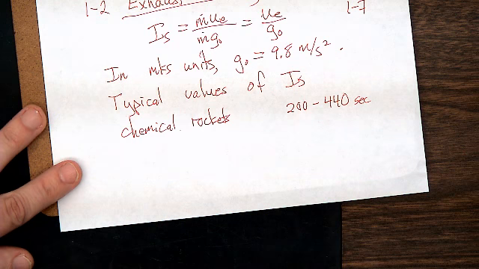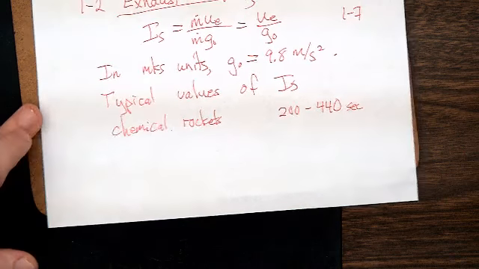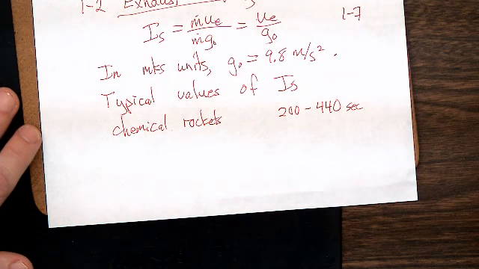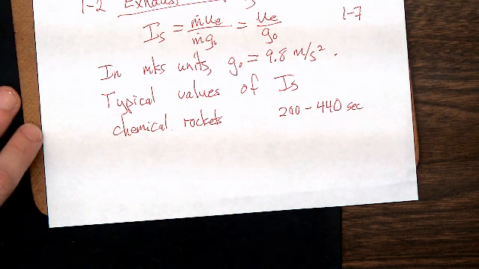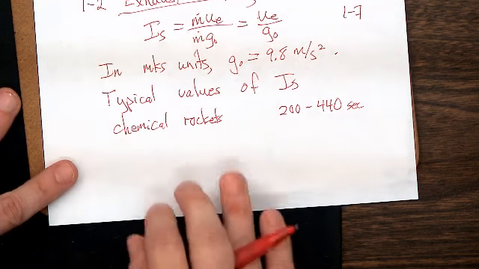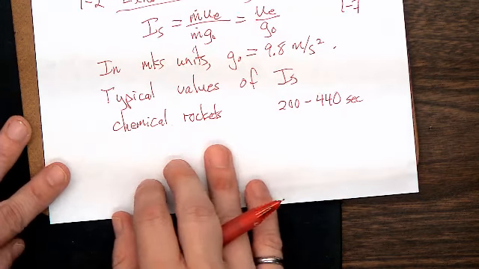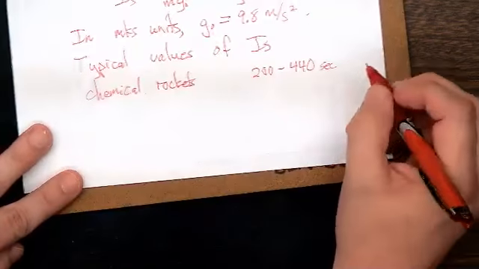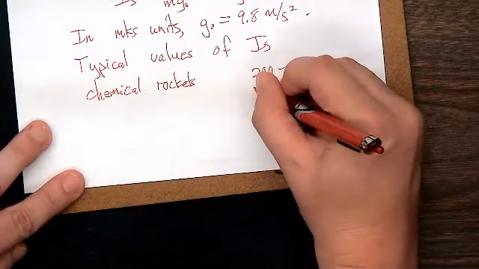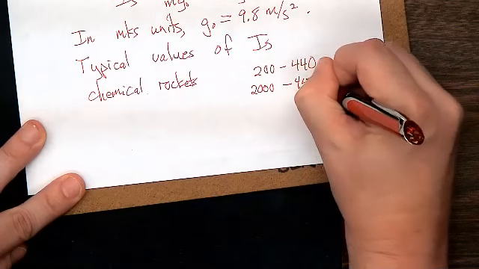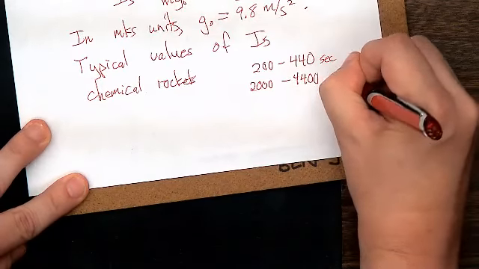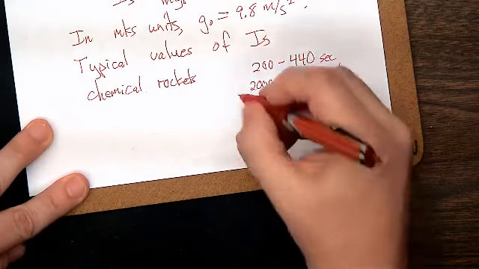Now there are some hypergolic combustion systems that can achieve much higher Isp than this, upwards of 550 seconds, but they're very dangerous and hard to deal with and aren't in practical use. So that means that for chemical rockets, we have about 2,000 to 4,400 meters per second exit velocity.